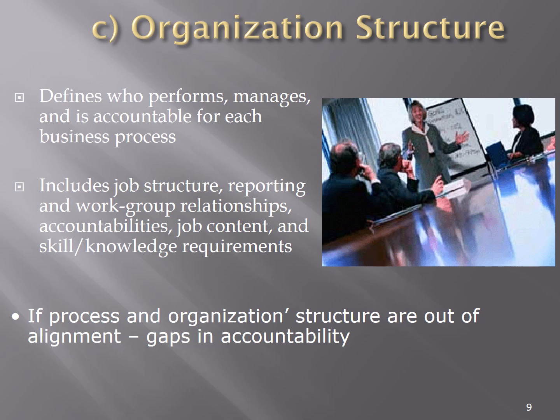Process structure defines what, when, and how the work is performed. But here it's the who question: who performs, who manages, and who is accountable for each business process. It includes job structure, reporting and work group relationships, accountabilities, job content, and skill or knowledge requirements. So that is organizational structure.